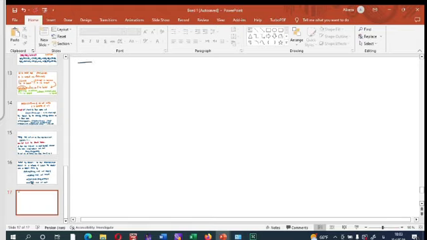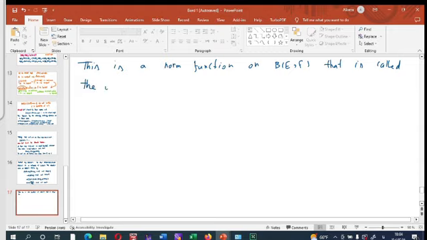This is a norm. This is a norm function on B of E and F, and it is called the operator norm.